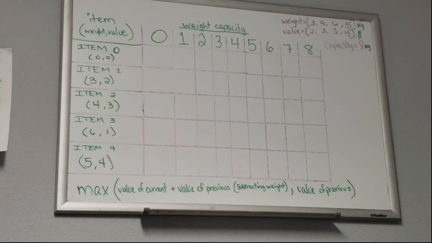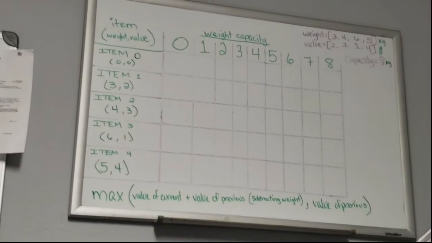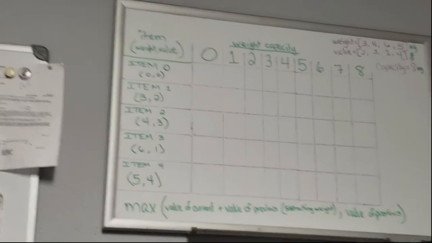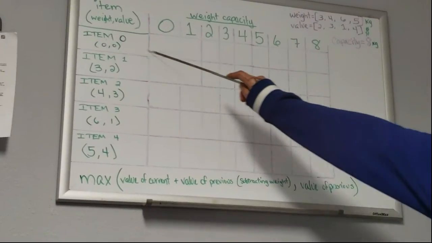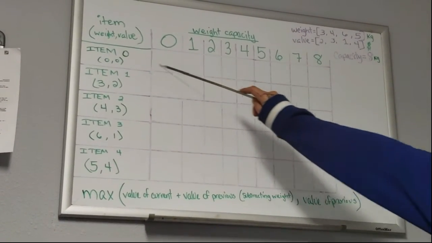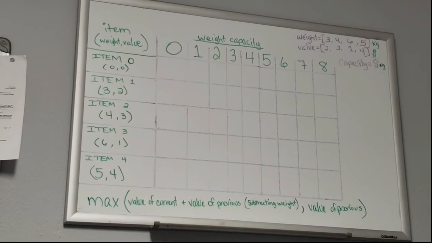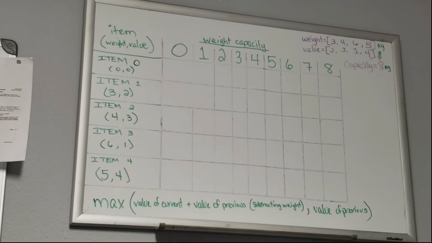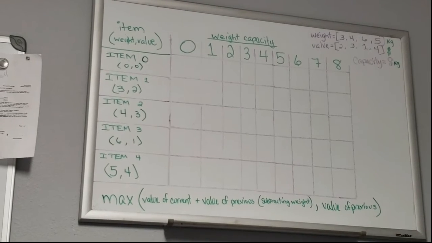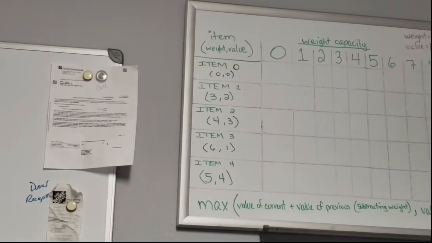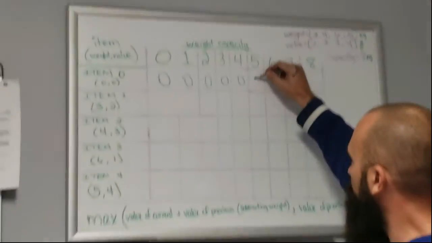With each subproblem, we want to figure out iteratively what our value and weight will be if the item is chosen or if it's not chosen. I included these 0 values in the first column and in the first row because this is how your array is going to be created in your program. So for item 0, we're not going to have any item. So let's go ahead and fill this first row in with all zeros. That means we have zero items.